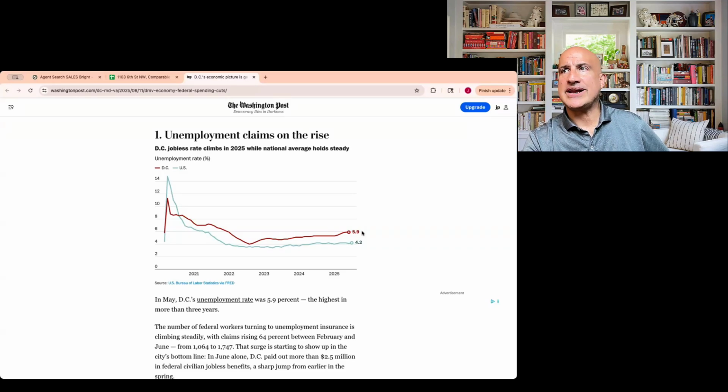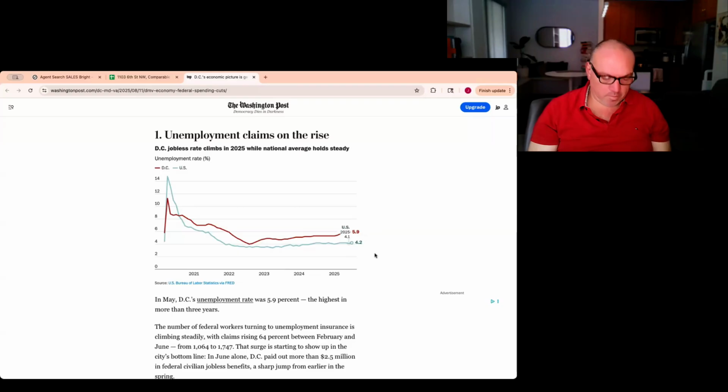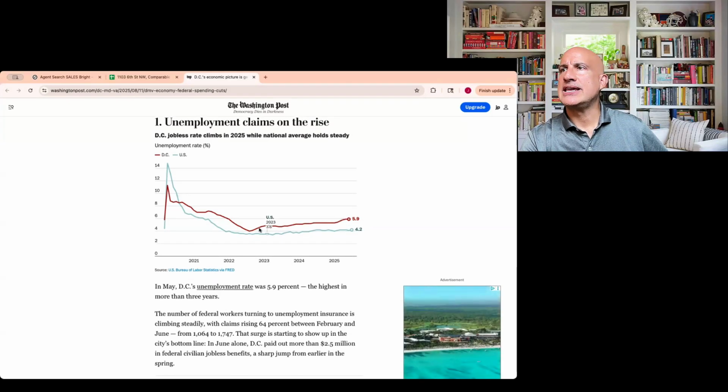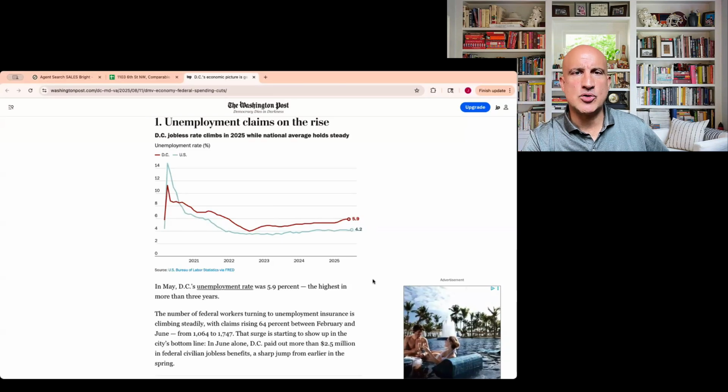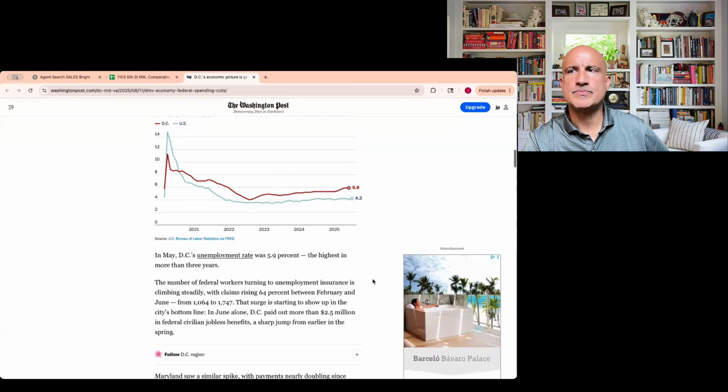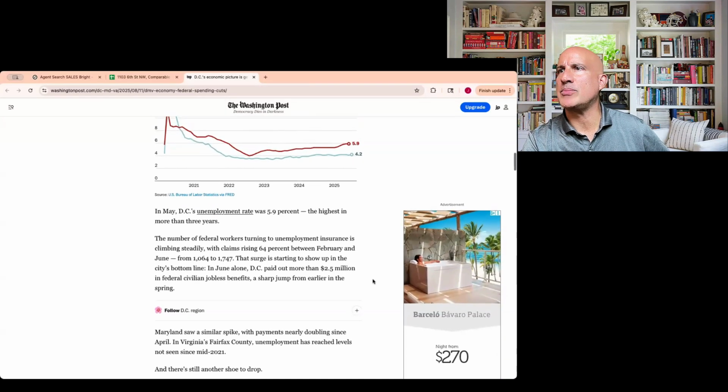The problem with the unemployment rate for the DMV is that the unemployment rate in the District of Columbia itself is traditionally substantially higher than it is in suburban Maryland or suburban Virginia. I think it's interesting to look at, but I just don't put a lot of stock in it. So just keep that in the back of your mind.